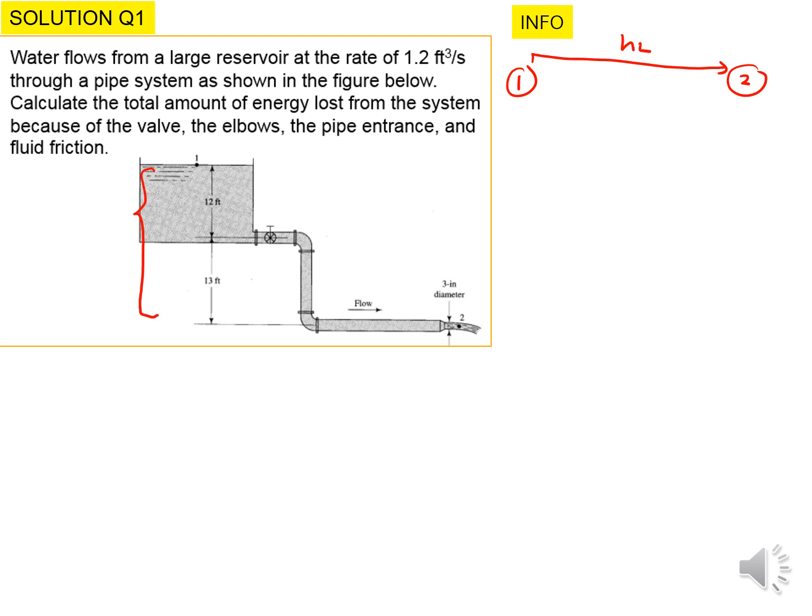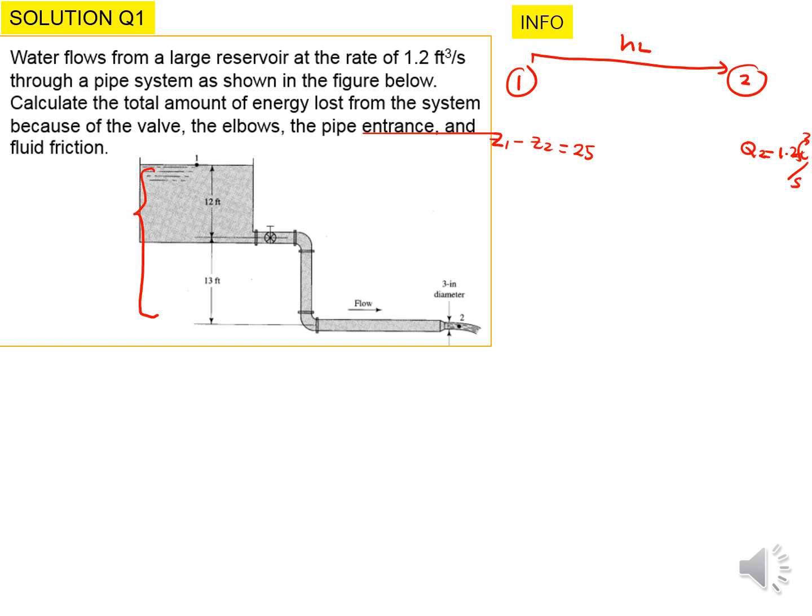Since point 1 is higher than point 2, we know that Z1 minus Z2 equals 25. Then the flow rate, Q2, is given, which equals 1.2 feet cubed per second. Any other information? I think that's it, except that the diameter for each location is given.